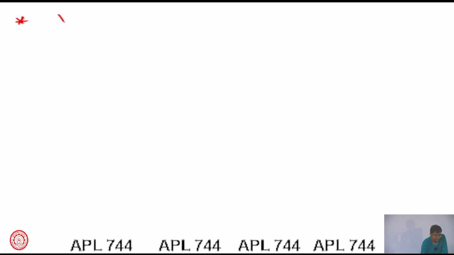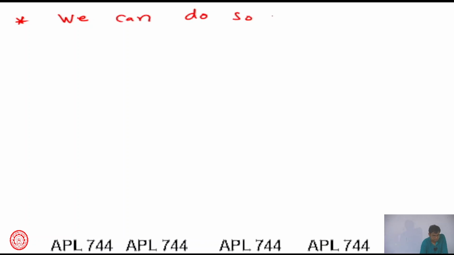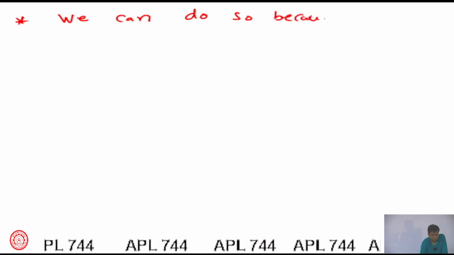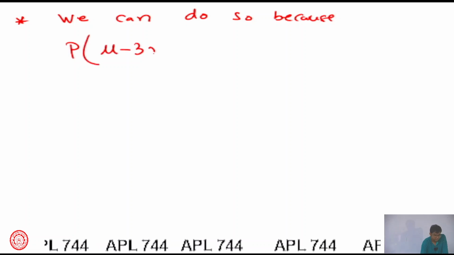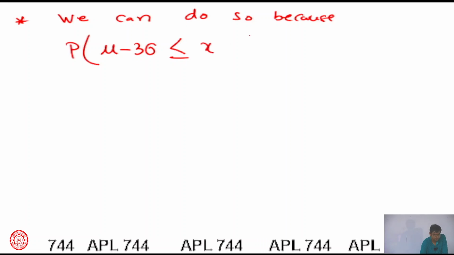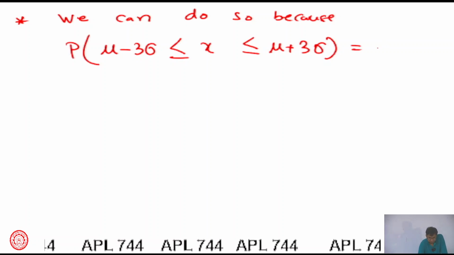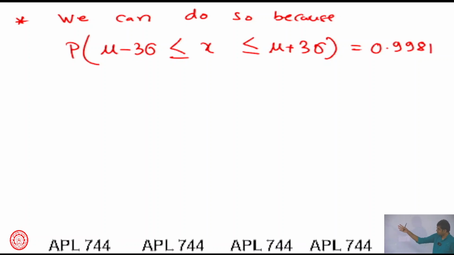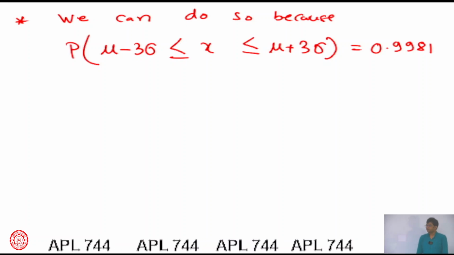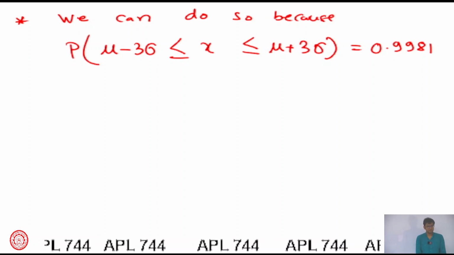So, we can do so because the probability that mu minus 3 sigma is less than or equal to x less than or equal to mu plus 3 sigma is approximately equal to 0.9981. I mean, you should check the number, but 0.998 is definitely there, okay, which is quite high, as you can see, almost equal to 1.